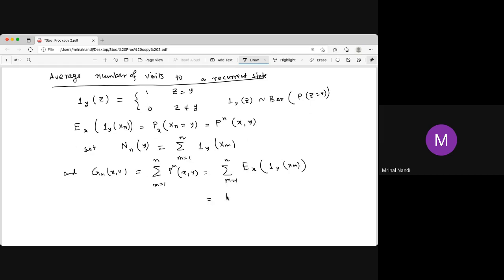By linearity, this is the expectation of the sum. That's why we use this notation, the indicator random variable. And what is this? This is just N_n(y), so it is just the expectation E_x of N_n(y).